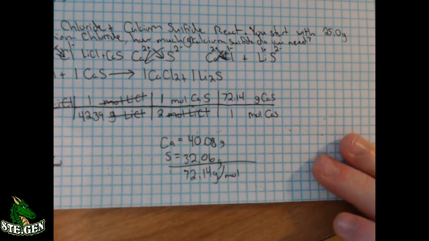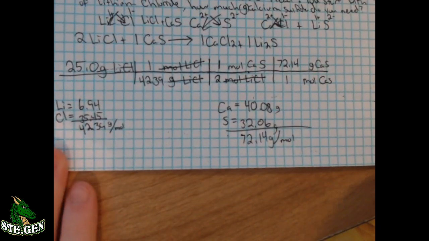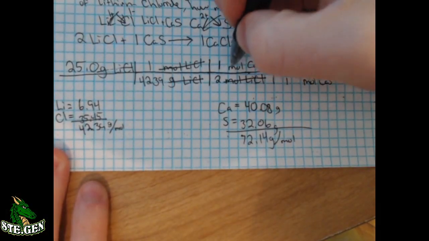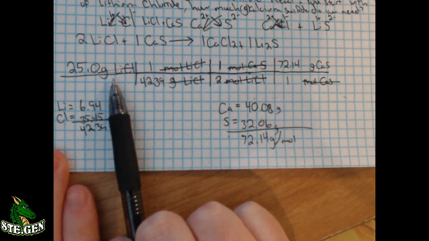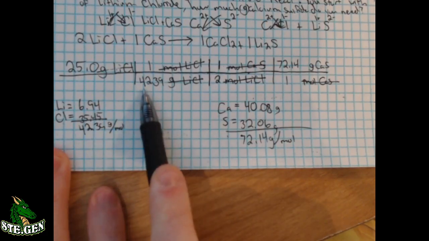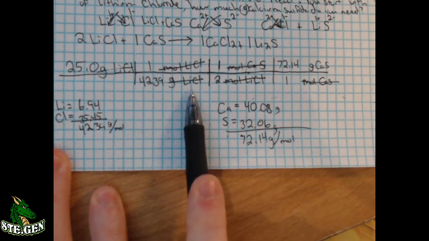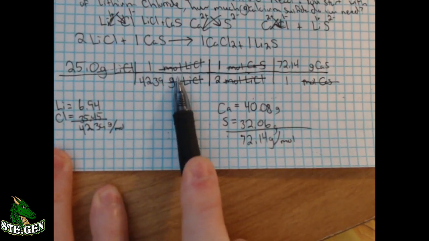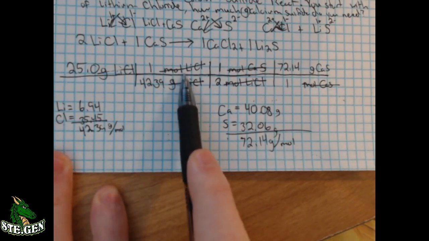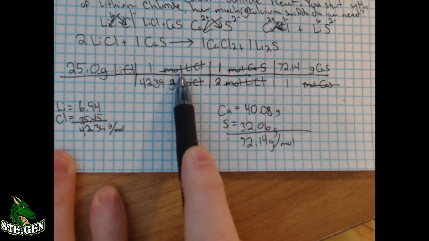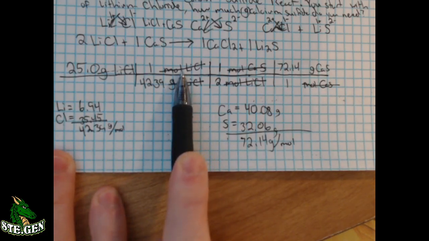So let's actually look and think about everything that we've done in this process here. We started with an amount of grams of lithium chloride. We then said, okay, well, for every 42.39 grams of lithium chloride we have, that is a mole of lithium chloride. Those numbers coming from the periodic table. The periodic table is grams per moles. Then we said, okay, well, now we know how many moles of lithium chloride we have.